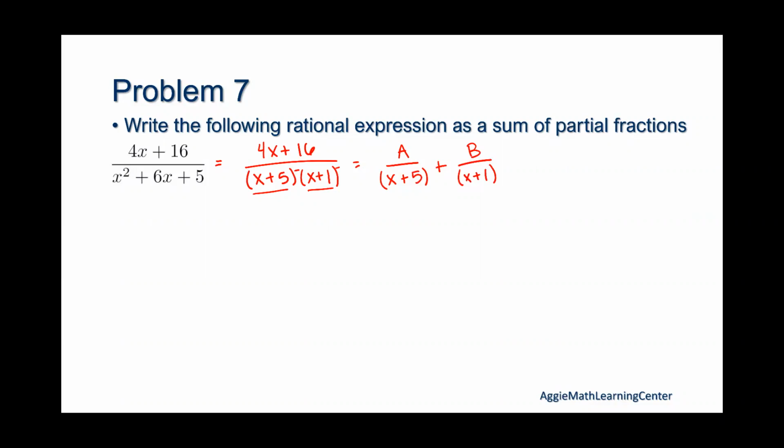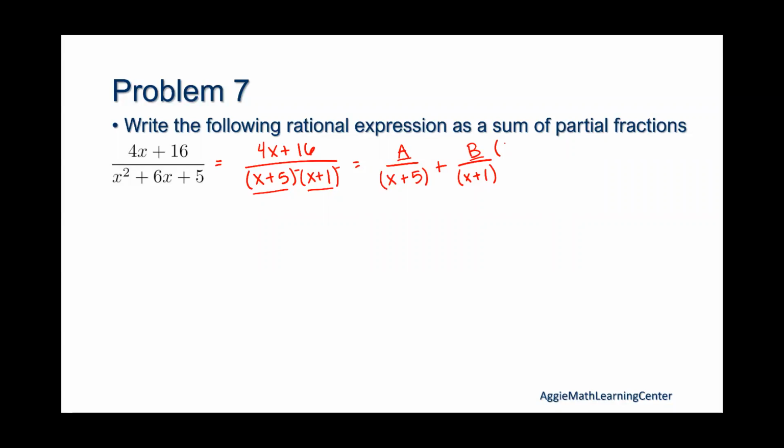So now our goal is to figure out what constants A and B need to be in order to make this equation true, in order to make these 2 fractions equal to the single fraction. So we have to solve for A and B. We need common denominators in order to add the fractions together.